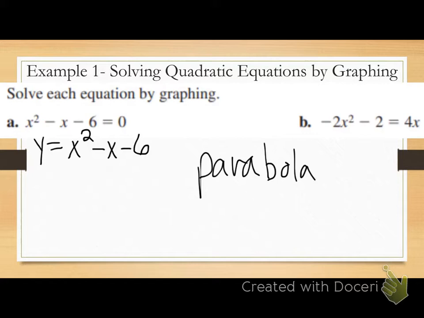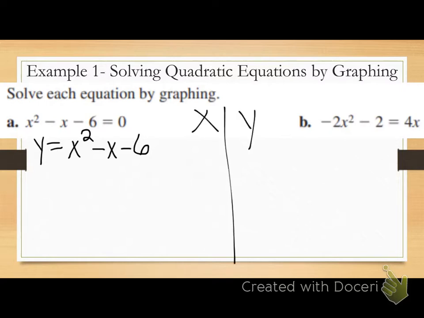So I can't just use my slope and my y-intercept to get a bunch of points and draw a line through it and call it good, can I? It's going to be a curve. There is a surefire way to always get ordered pairs for your graph, and that is with a table of values. I can create a table of values.